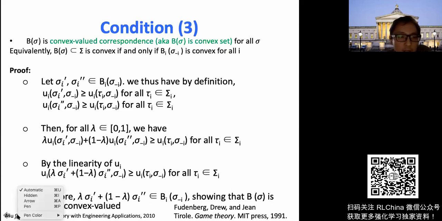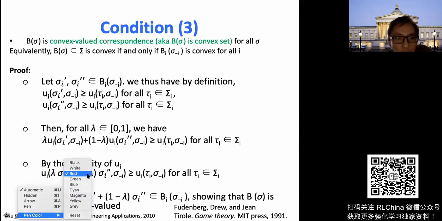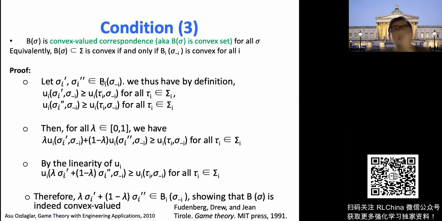This can be easily proved by thinking about, say, if these two belong to this best response set. Given any opponent's play, you can immediately write down this equality because of the definition of Nash equilibrium for any tau.